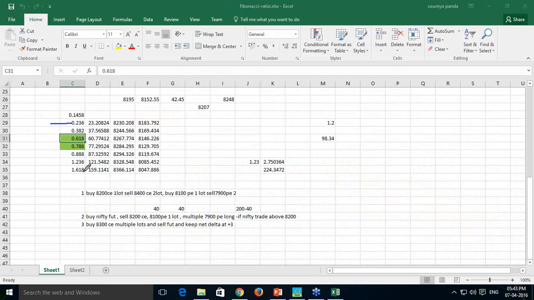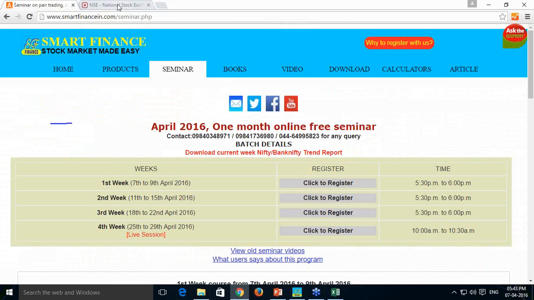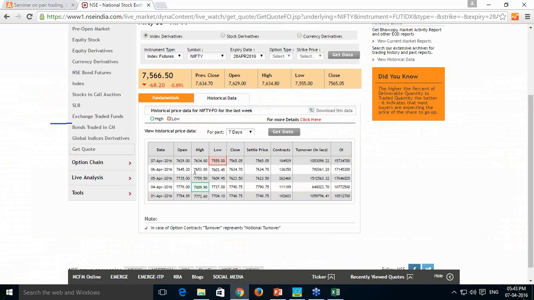The ratios are the same. So in the traditional method, we used to take the high and low difference, multiply it with the ratio, and get some outcome. Let me take 6th April and what happened. On 6th April, the high was 7653.8 and the low was 7603.45.